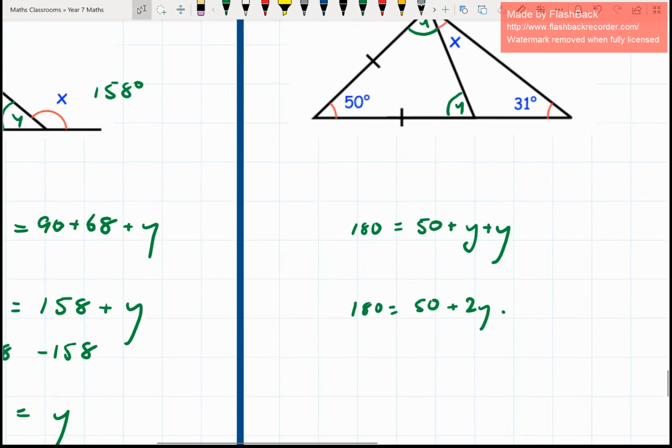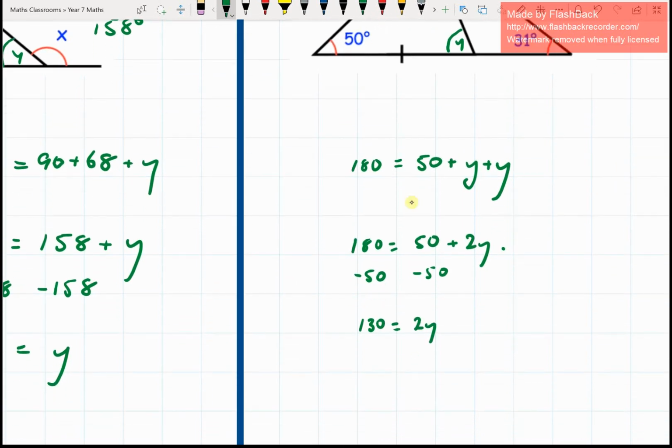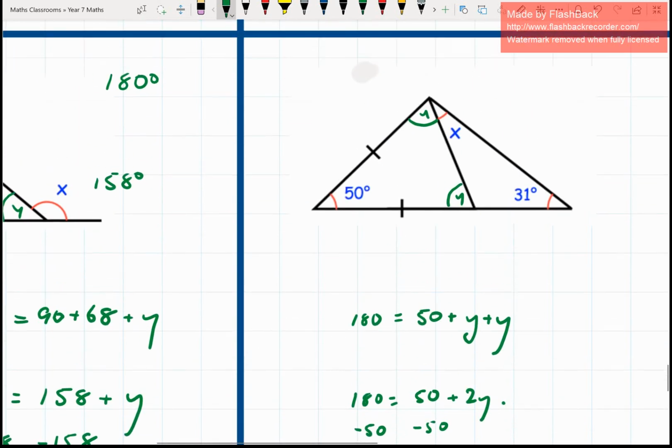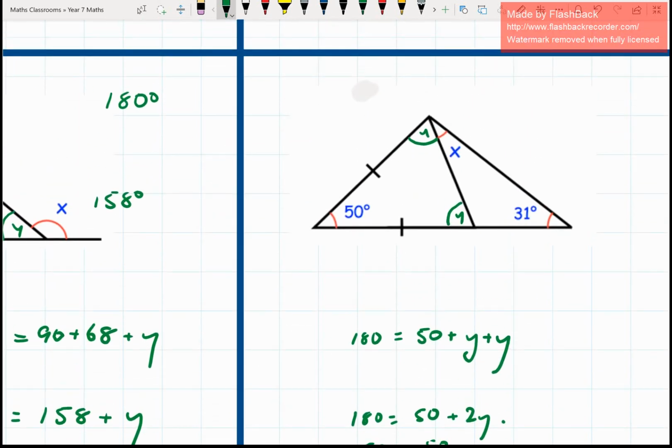Just think about what we've done before. I subtract away 50 from both sides, and I end up with 130 equals 2y. How do I make it just y? I divide both sides by 2, and I end up with 65 equals y. Okay, so that means that y equals 65.